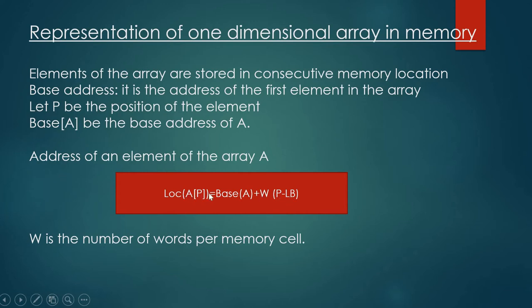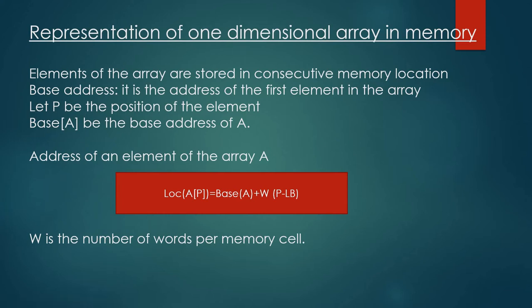Here P is the position, base of A is the base address, LB is the lower bound, and W is the word per memory cell. Means if you are using a character array, it will be 1. If you are using an integer array, W will be 2, like that.